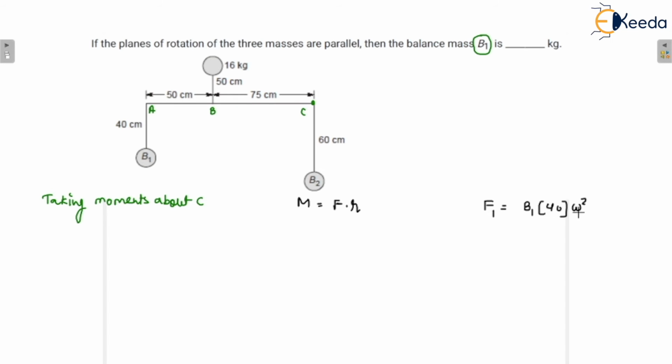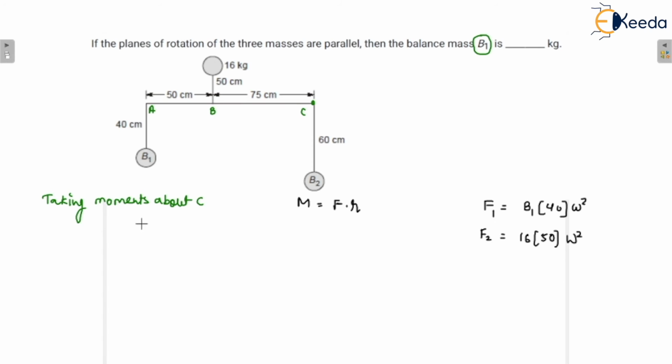Omega is not given. We will see whether it is required or not. Similarly you can apply the force F2. Centrifugal force is this, where 16 is the mass and r is 50 centimeter, m r omega square. So we can take the moment now.